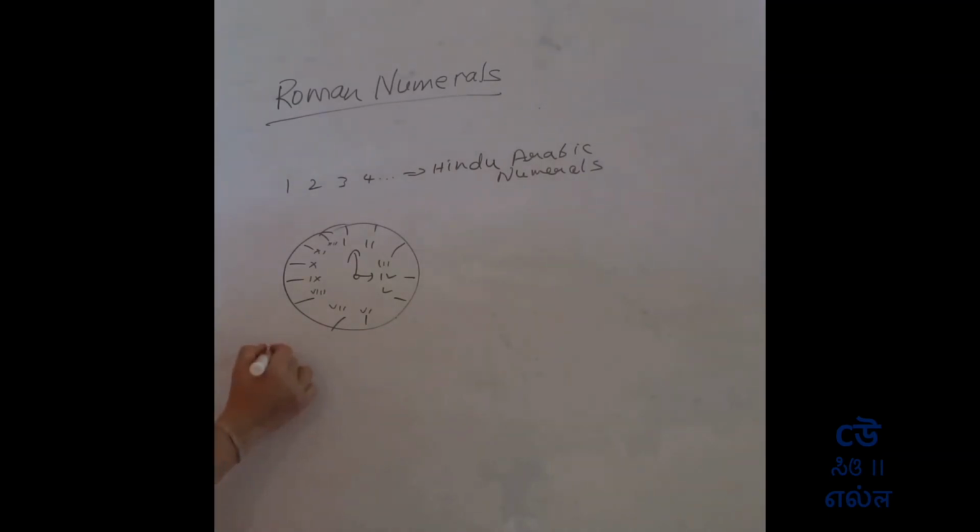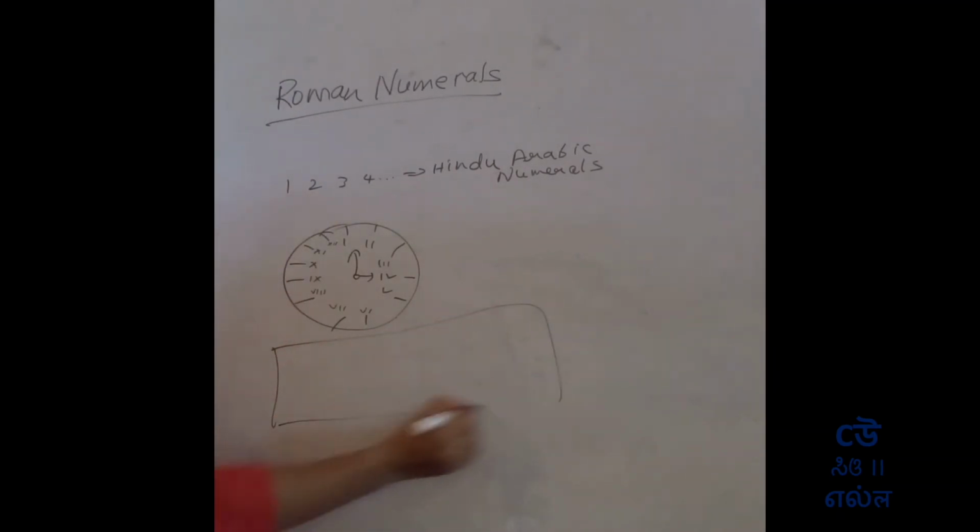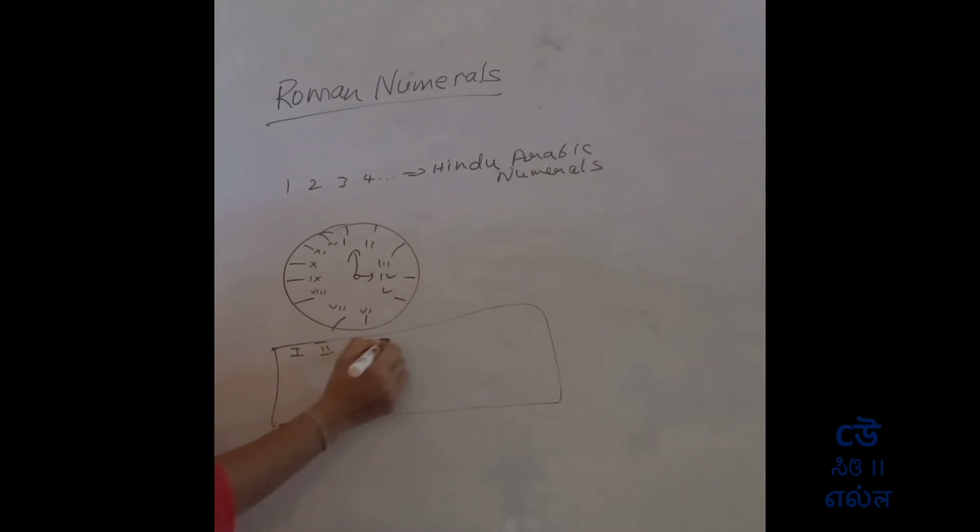This is used for classes in school timetables, etc. In the school timetable, they might have given first period, second period, third period, fourth period, fifth period, sixth period. For this we won't use Indo-Arabic; you'll use Roman numbers for the school timetable. In many other ways also we use Roman numbers.